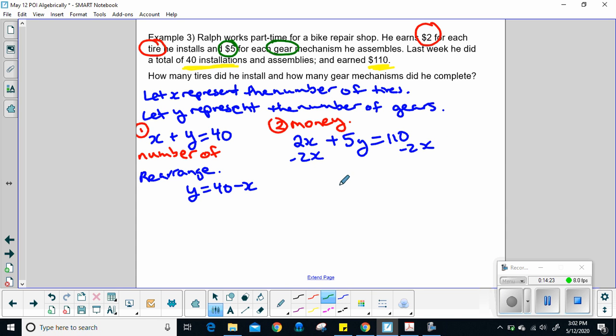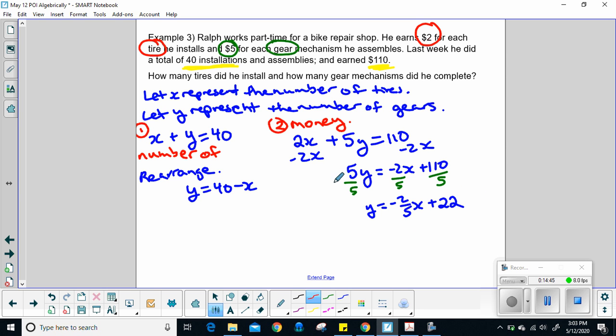So that leaves me with 5y equals negative 2x plus 110. And then let's divide both sides by 5. So that means every term gets divided by 5. So that leaves me with y equals negative 2 over 5x plus 5 goes into that 2 carry 2. So 22.